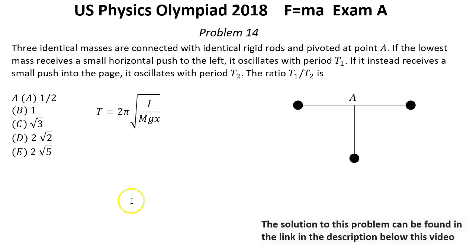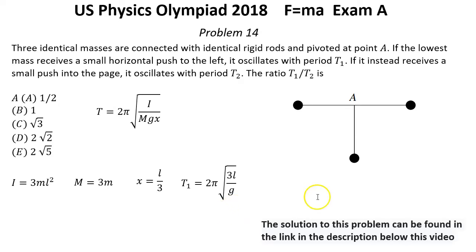In the first case we have I equal to 3mL squared, big M equal to 3m, and x equal to L over 3, and the total period equals 2 pi multiplied by the square root of 3L over g.